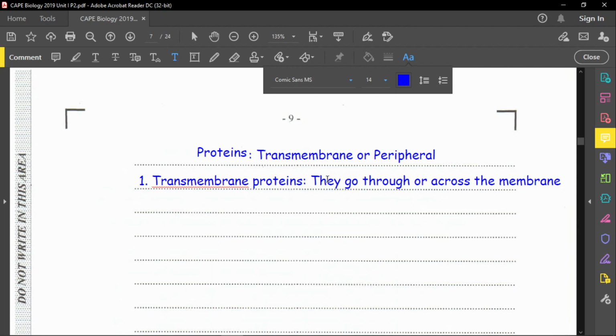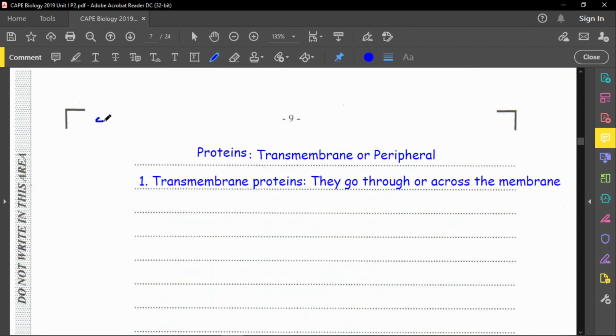When I draw the phospholipid bilayer, I can show you something on the side right here. So let's say this is a phospholipid bilayer. I'm going to do that in a small space so you have an idea exactly what I'm talking about. And it comes like this. What is happening is that the protein goes all the way through, from the outer surface to the inner surface.